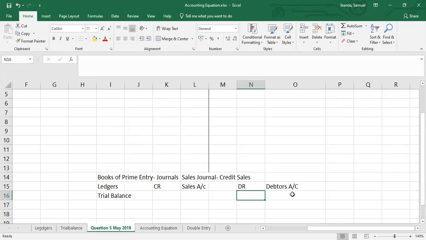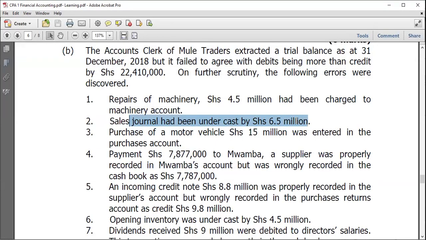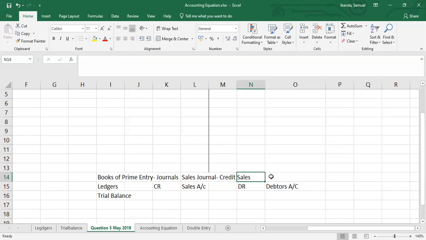So these are debited. Now, the error was made at this level; it's an error of original entry. And the question is telling us that the sales journal had been undercast by 6.5. That would mean that we took less 6.5, and also the same thing here.